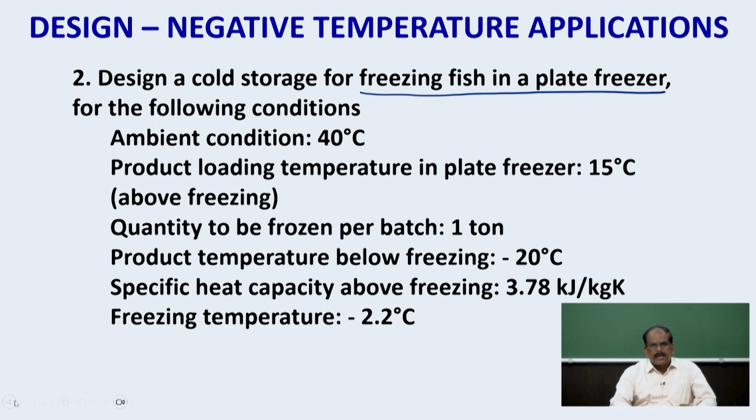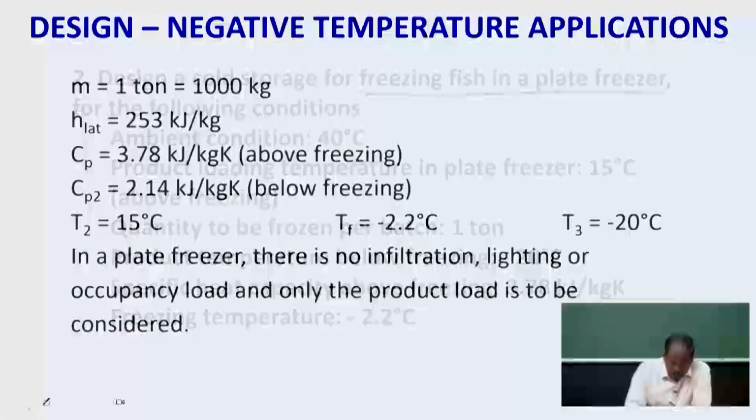Let me emphasize that in the blast type of freezer, the cold air is circulated with a high velocity to achieve cooling at a rapid rate. In the plate type of freezer, cold or chilled plates are used, which are in direct contact with the product for cooling it.